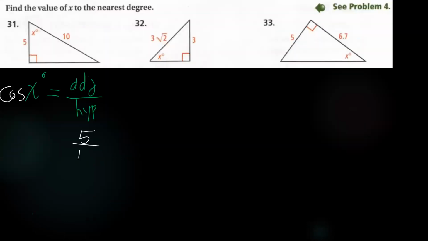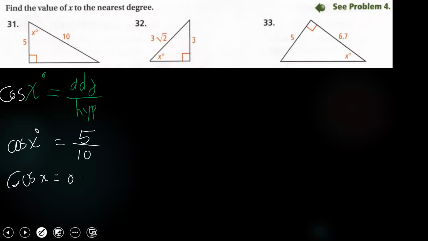What is the hypotenuse? It is 10. So 5 over 10 equals cosine x. Then cosine x is 0.5. But what did I need? Did I need to find cosine x? I found it, but I don't want it.